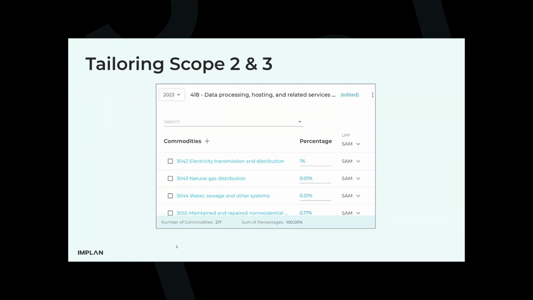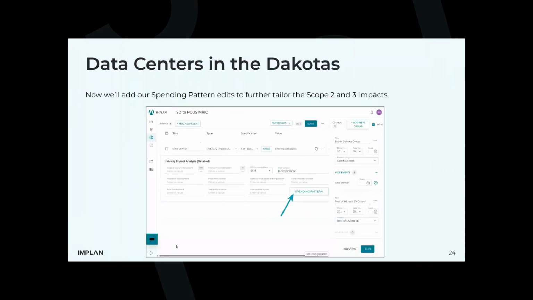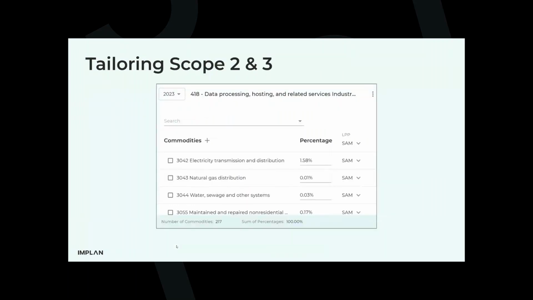On this same page, we got a question: how did you know to change from 1.58 to 1? This was just a hypothetical example. That's the hard work that the analyst will need to do to determine that. The reason we positioned it that way was because these inputs are based on the national average distribution of inputs from data processing and hosting.